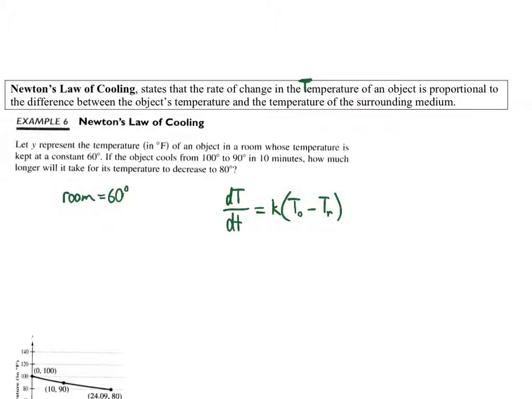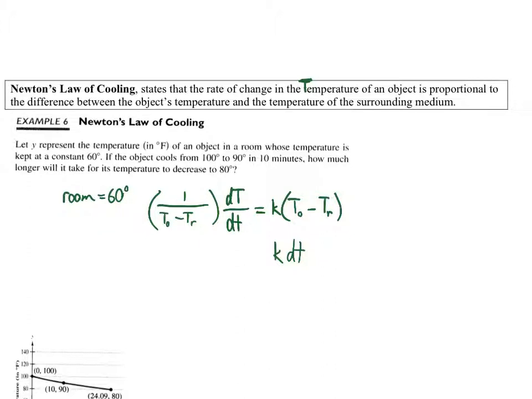Now, using our exponential growth or decay function here, we could separate variables. So I'm going to have 1 over T sub O minus T sub R, and then I'm going to have a k dt on this side.